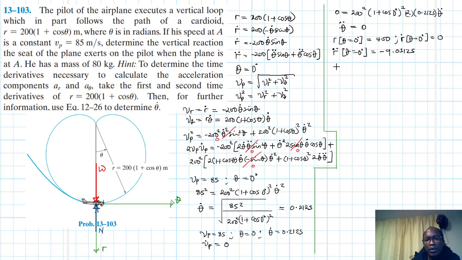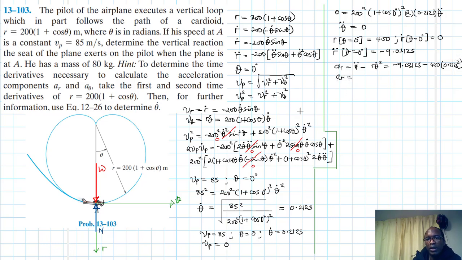Alright, and then we have the rest. So our A R is just equal to R double dot minus R theta dot squared, which is equal to minus 9.03125 minus our R, which is 400, and then theta double dot is this.